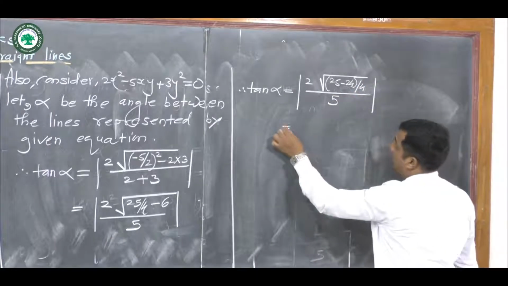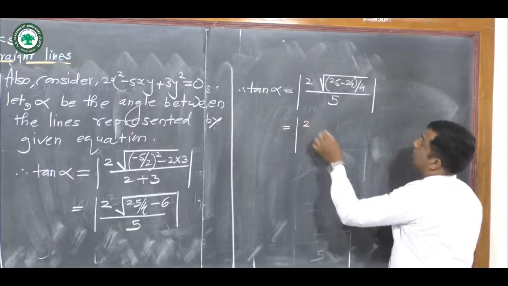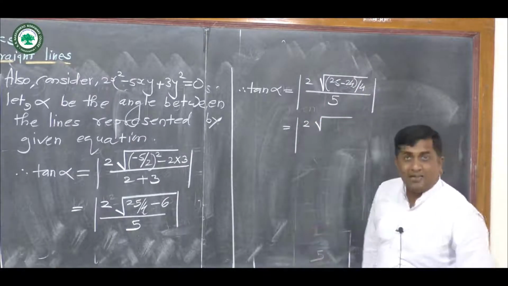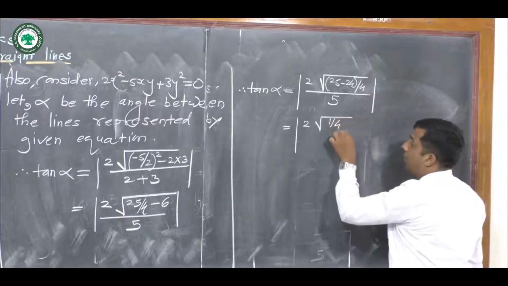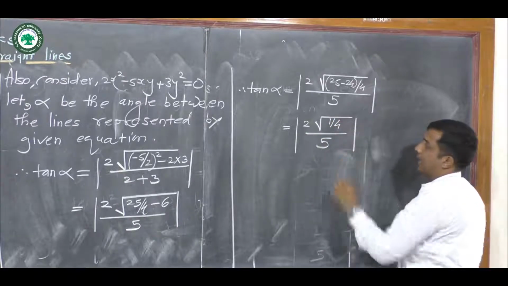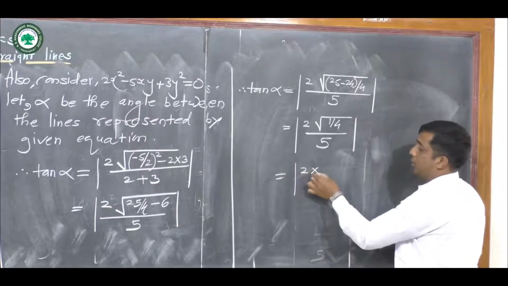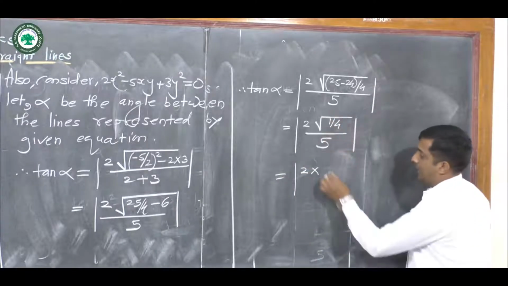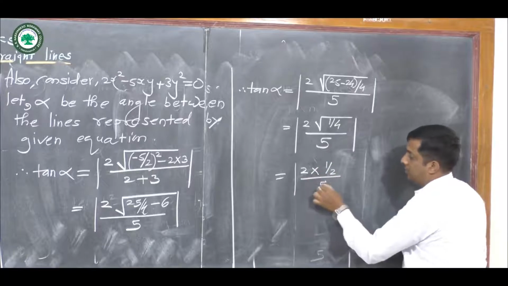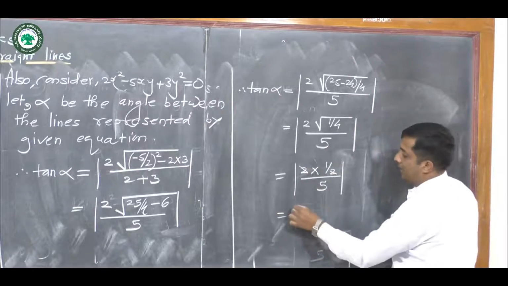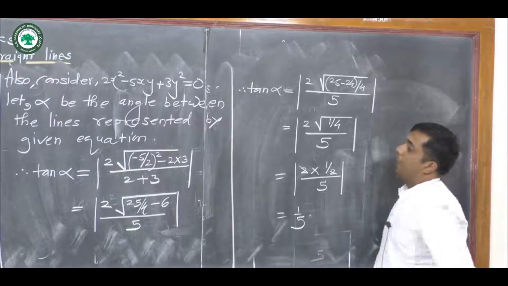Now this is equal to inside the mod, 2 into, we know 25 minus 24 is 1, so we get 1 by 4, divided by 5. Now the square root of 1 by 4 is 1 upon 2, divided by 5. Here 2 and 2 cancel and only 1 upon 5 remains.